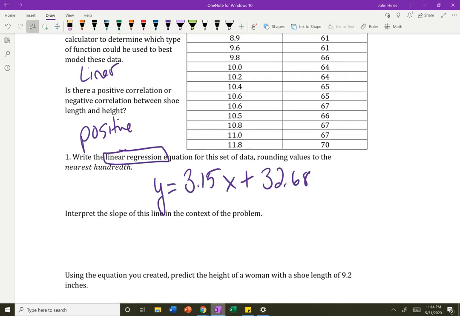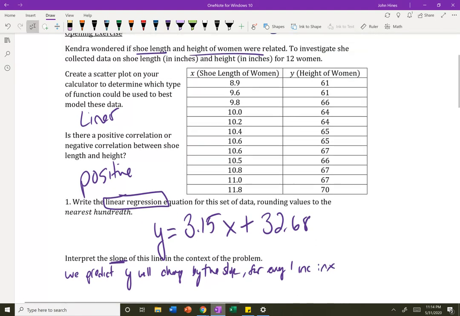Interpret the slope of this line in the context of the problem. Remember, last time, slope tells us we predict y changes by the slope for every one increase in x.